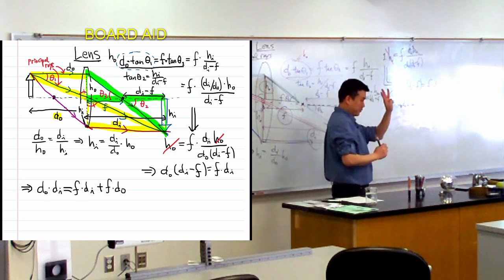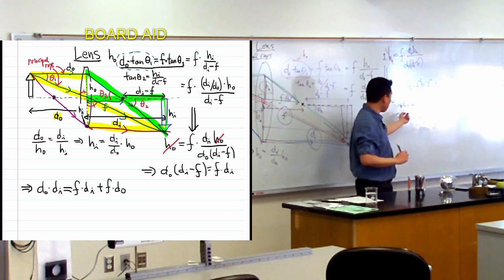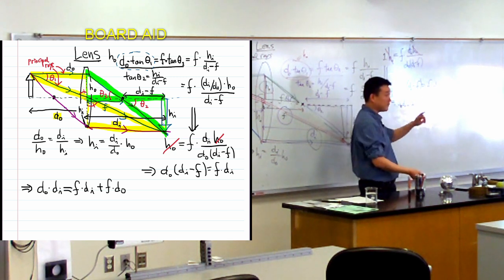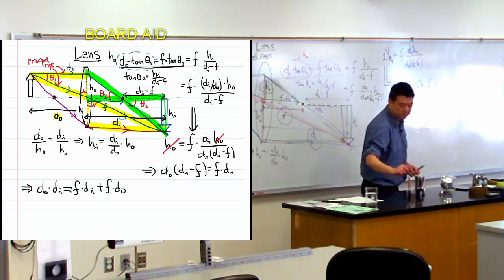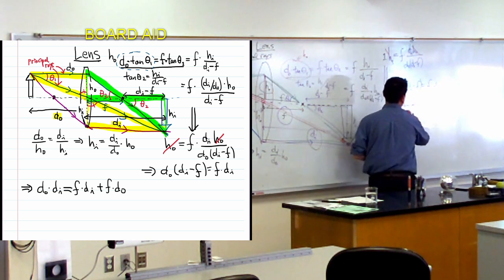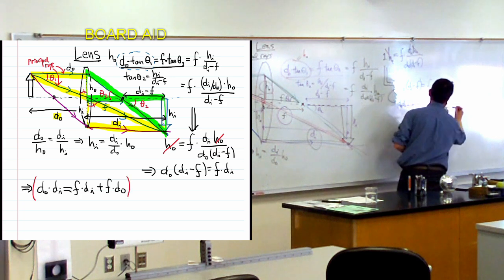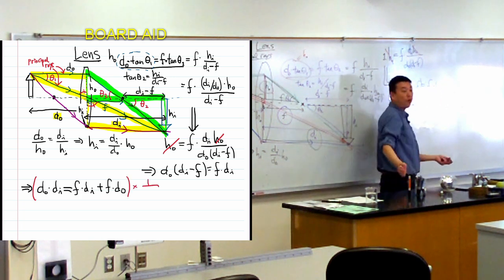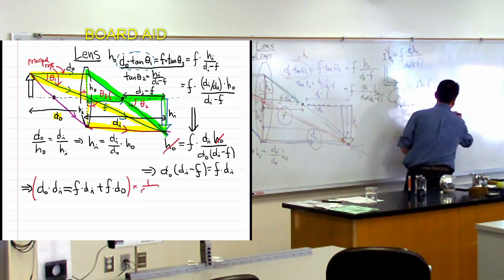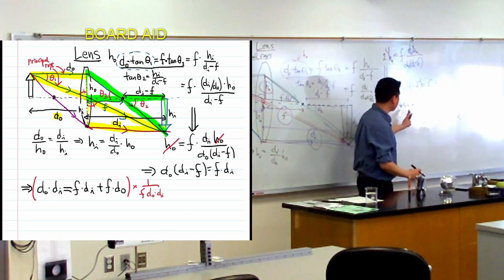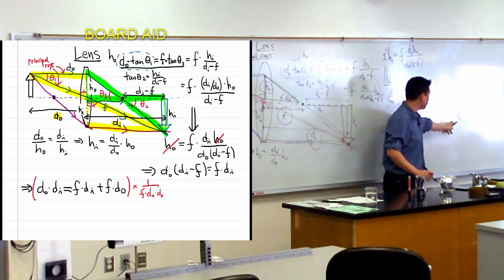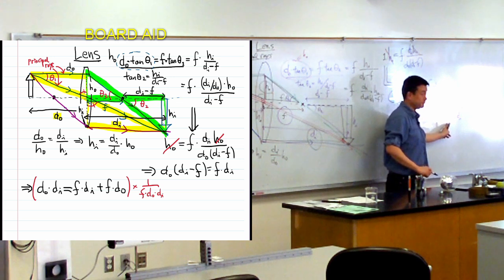You have 3 variables. These are all possible combinations of multiplying only 2 out of the 3 together. So if you take this and multiply the whole thing by 1 over the product of all 3, 1 over F dO dI, then for each one of those terms, 2 out of 3 will get canceled out.